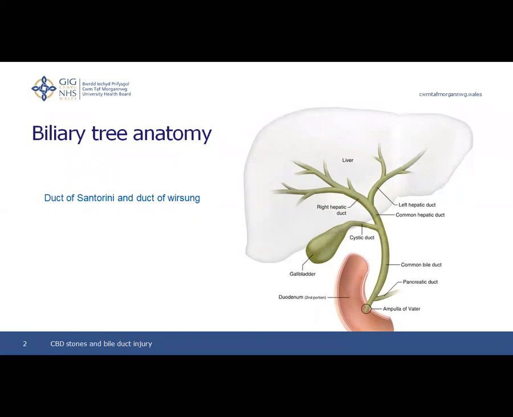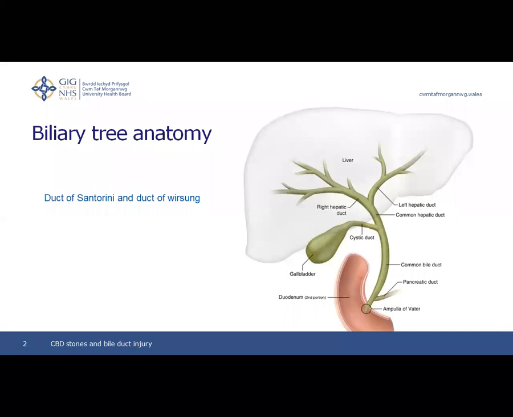In general, the liver secretes the bile, and the bile is drained by the right and left hepatic duct, which forms the common hepatic duct, and the gallbladder with the cystic duct combines to form the common bile duct, and the pancreatic duct joins the common bile duct to open into the ampulla of Vater.